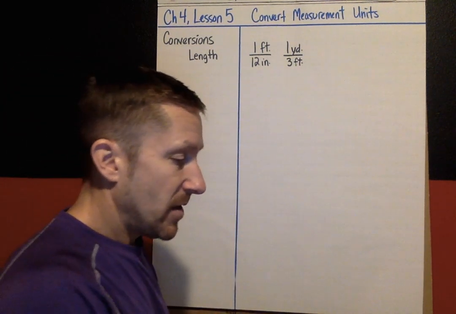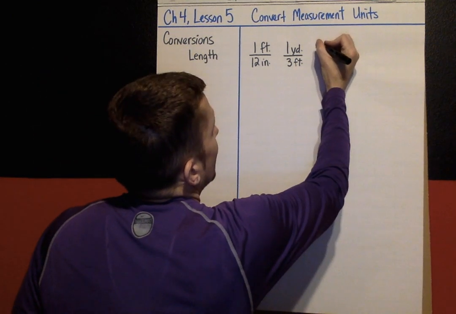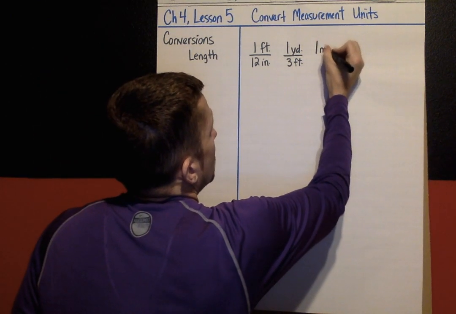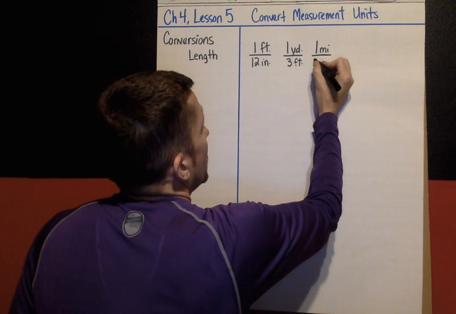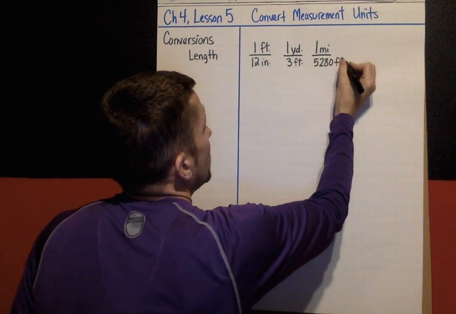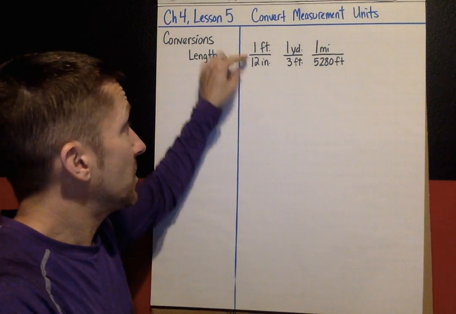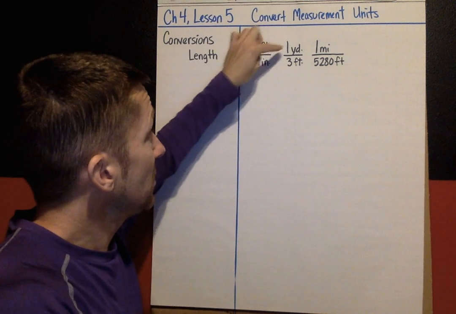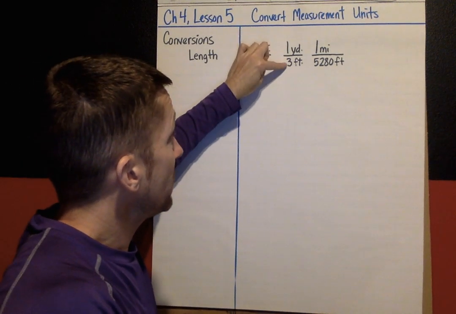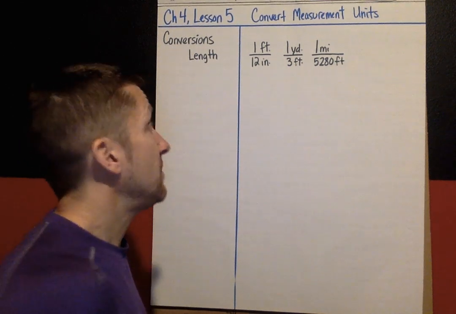Next conversion we're going to look at are miles in feet. So 1 mile for every 5,280 feet. So those are our length conversions. 1 foot for every 12 inches, 1 yard for every 3 feet, 1 mile for every 5,280 feet.